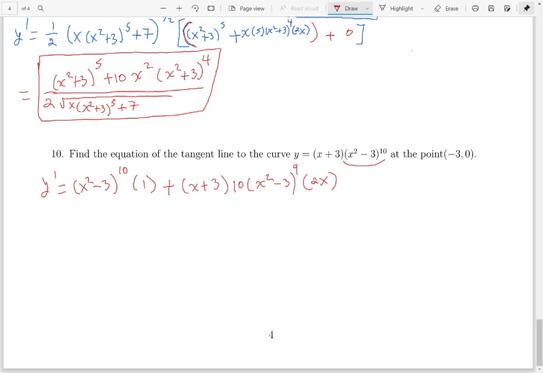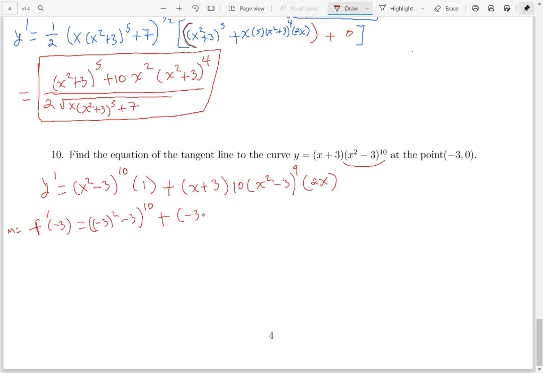What I really now need to do is evaluate this f prime at the point negative 3, and then whatever we get is our slope, right? So that's going to be negative 3 quantity squared minus 3 raised to the 10th power times 1, I'm not going to rewrite that, plus negative 3 plus 3 times 10 times negative 3 quantity squared minus 3 raised to the 9th times 2 times negative 3.